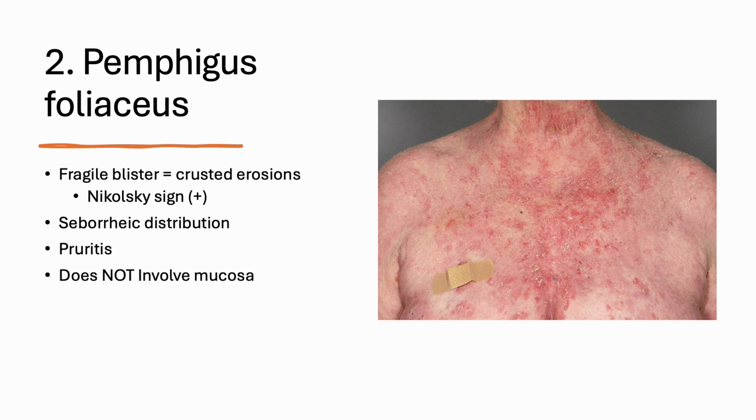And if you try your finger on the erythematous area, you will have a positive Nikolsky sign. It has a particular distribution in the seborrheic areas, such as the head and neck, the back, the chest, and the groin area. It is very pruritic, and an important feature to differentiate pemphigus foliaceus from pemphigus vulgaris is that PF does not involve the mucosa. I will explain why.